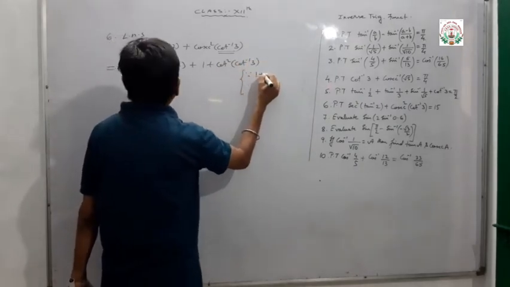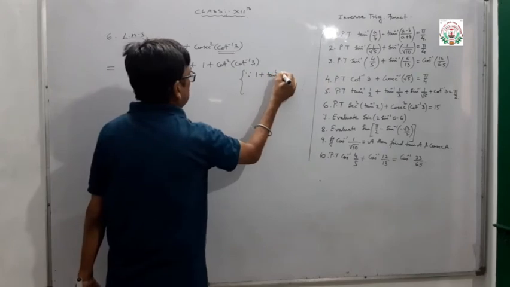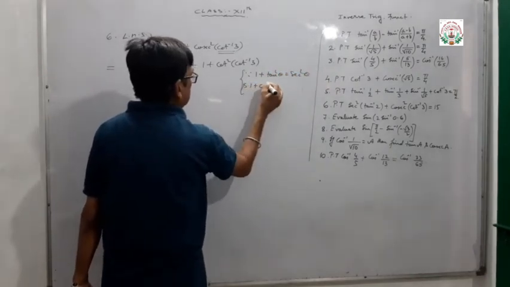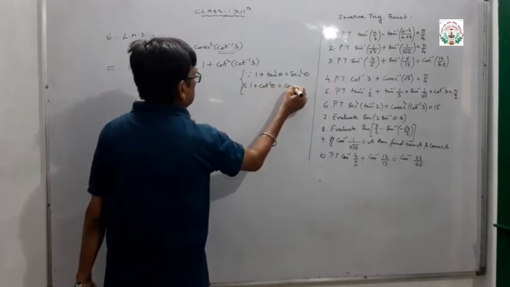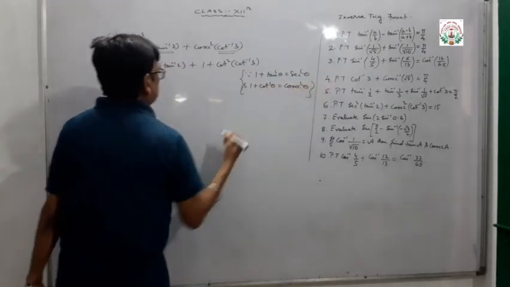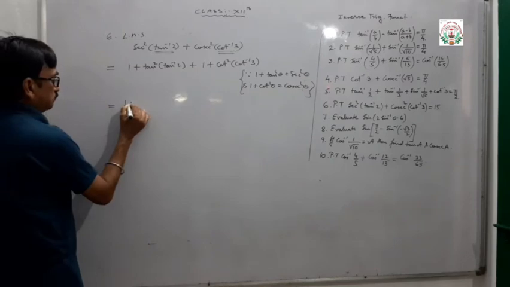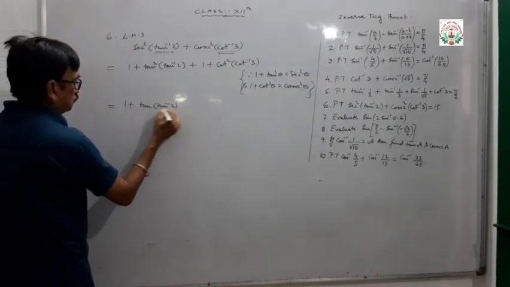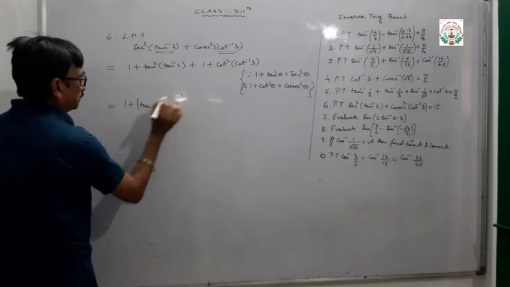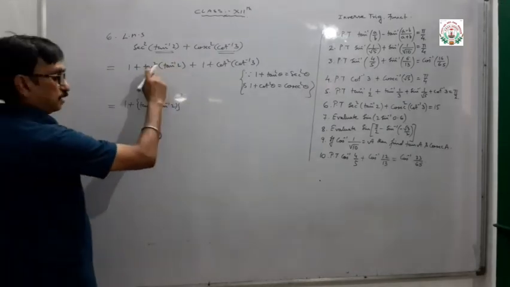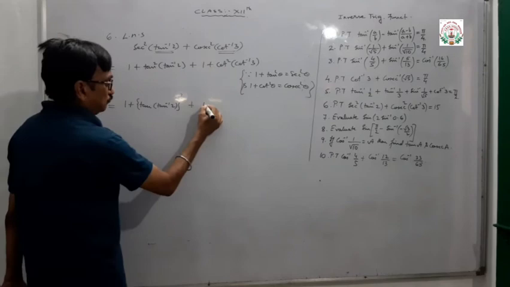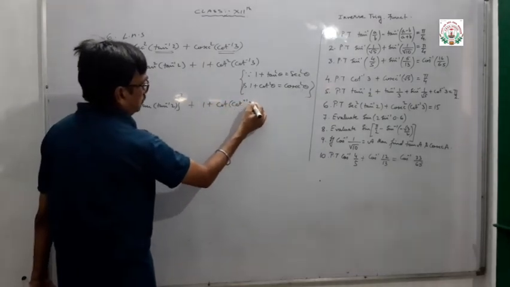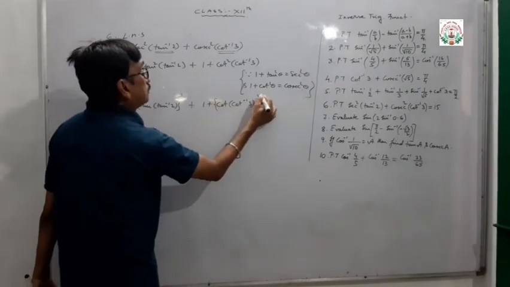Since 1 plus tan square theta is equal to sec square theta, and 1 plus cot square theta is equal to cosec square theta, we can write 1 plus tan inverse of 2 the whole square, tan theta the whole square, plus 1 plus cot inverse of 3 the whole square.